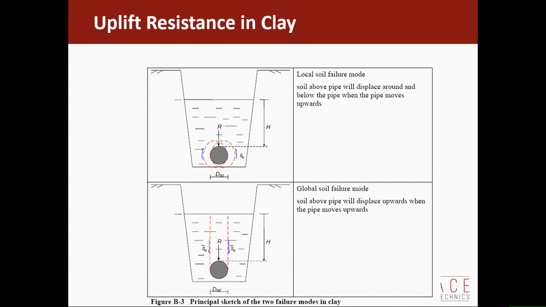This is like the one we described in sands, where that whole wedge of soil above the pipeline actually is pushed upwards. Because we're talking about an undrained shear failure, it's simply the length of that shear plane there that provides the shear resistance. We've got the weight of the soil plus the undrained shear strength of that material.